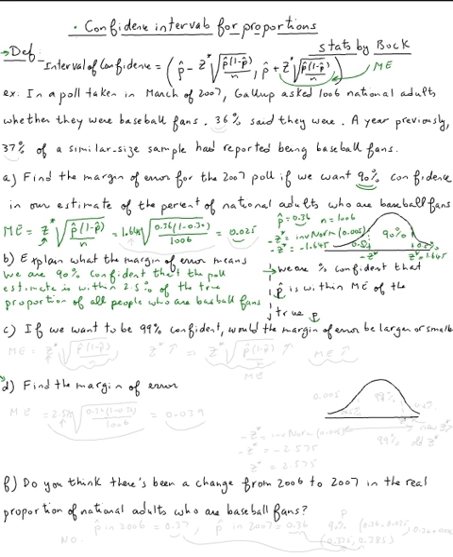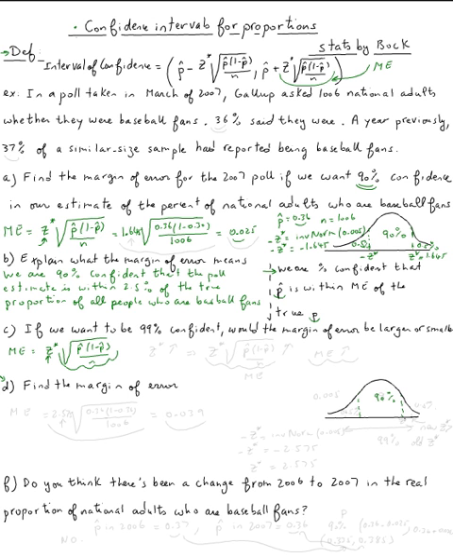First of all, we know the margin of error formula is z star square root of p hat (1 minus p hat) over n. So all of this is not changing. When we do a 99%, the only thing that's changing is z star.